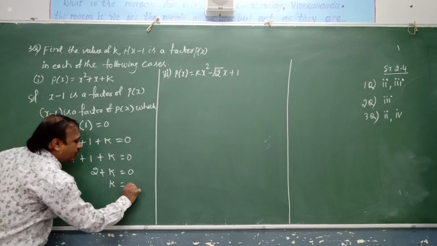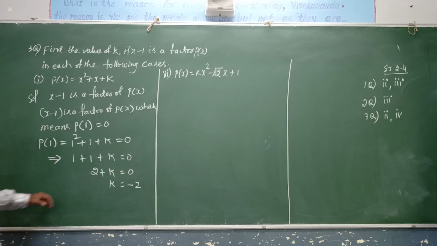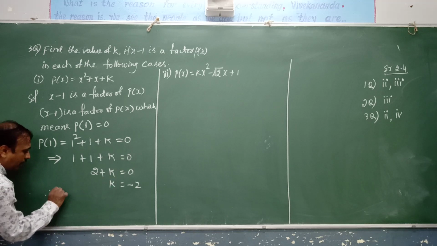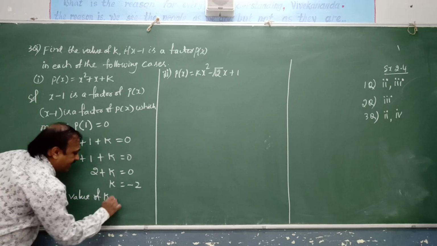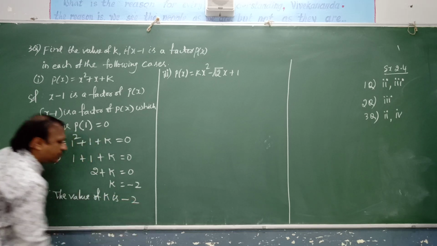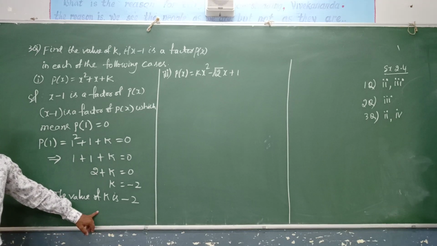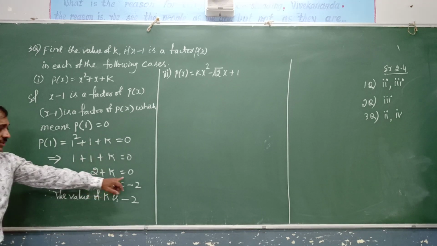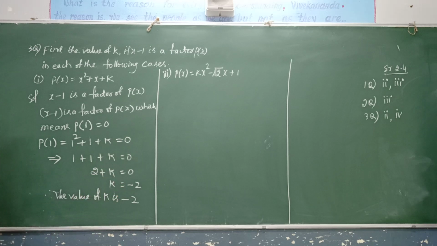Then k is equal to minus 2. Transpose that side, minus 2. Therefore, the value of k is minus 2. Is it clear? Then only it will become 0. If we substitute minus 2 over here, minus 2 plus 2 will be equal to 0.